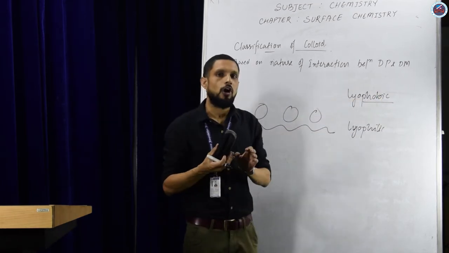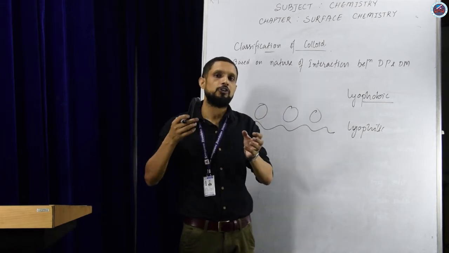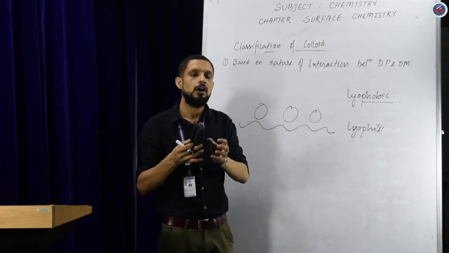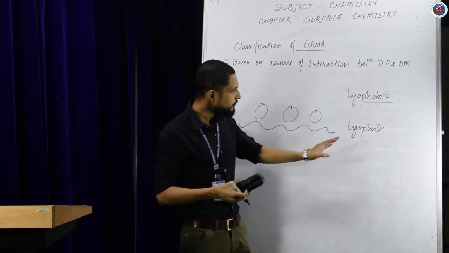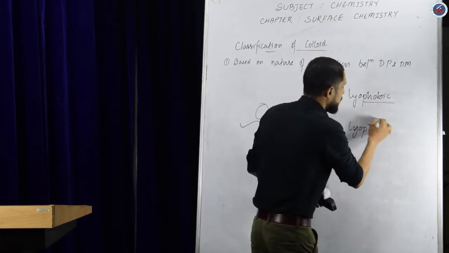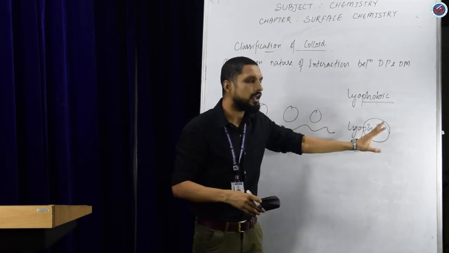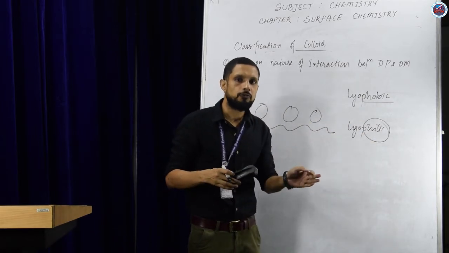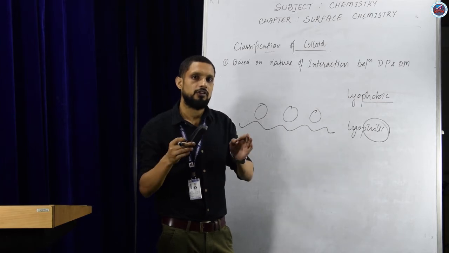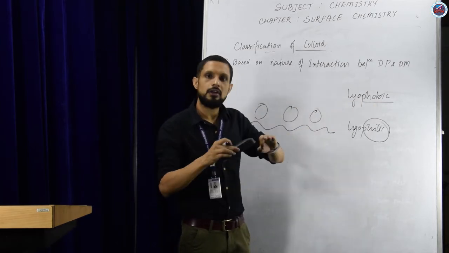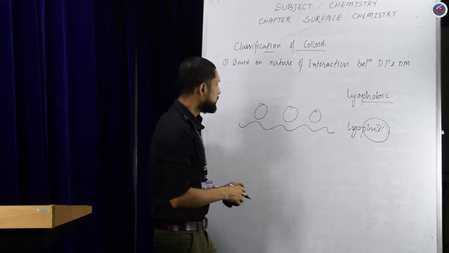In this kind of colloid, since it's very difficult to keep the dispersed phase particle and dispersion medium particle together, we need a stabilizing agent. Whereas lyophilic, philic means liking. So in lyophilic colloid, the dispersed phase and the dispersion medium particles like each other. In case of lyophobic, disliking; in case of lyophilic, liking.